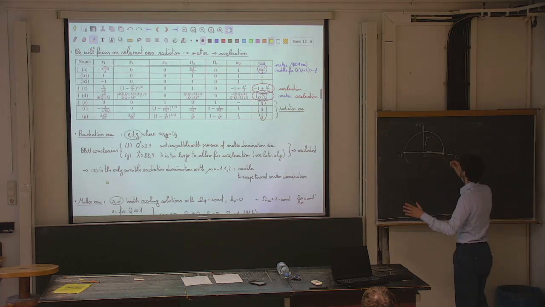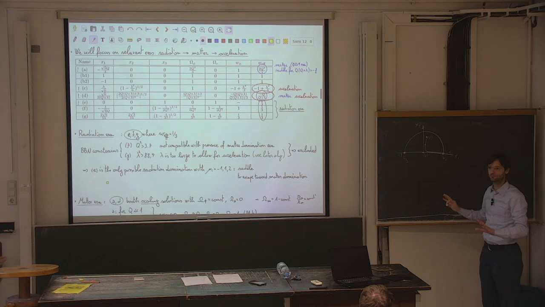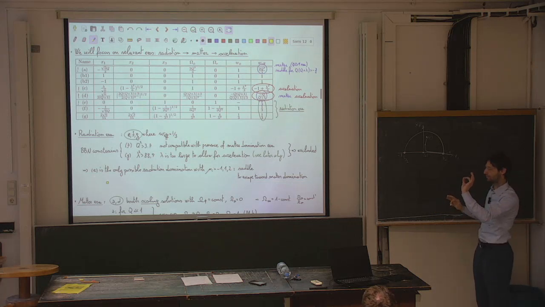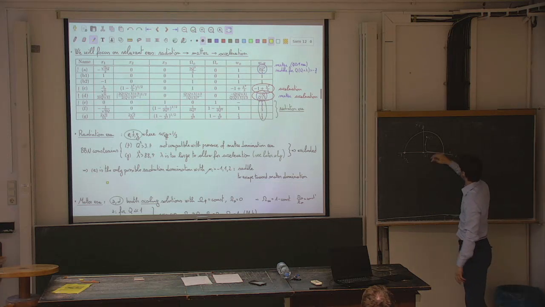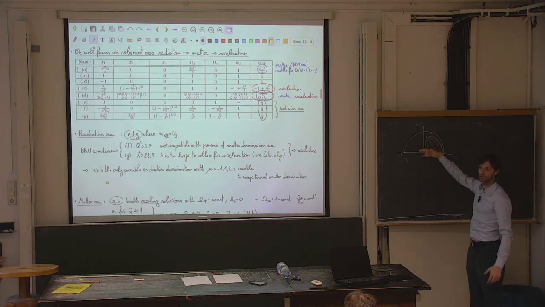If you say a random point, these are special points. These are special solutions in which x1, x2, and x3 are constant. If you take a random location, then you're going to move in the phase space along one of those trajectories.